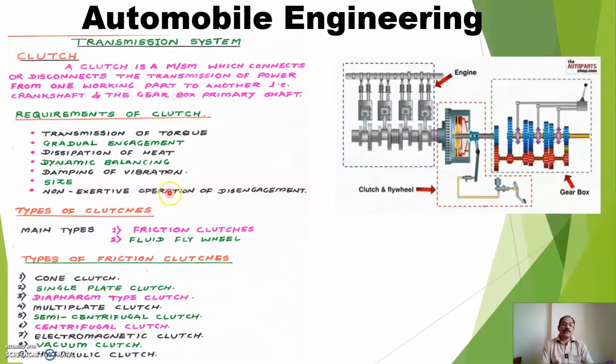It must have a non-exertive operation of disengagement. It must be smooth enough so that the driver feels comfortable operating this clutch. Now the clutch is operated with the help of this lever, called the foot lever, in the four-wheeler.